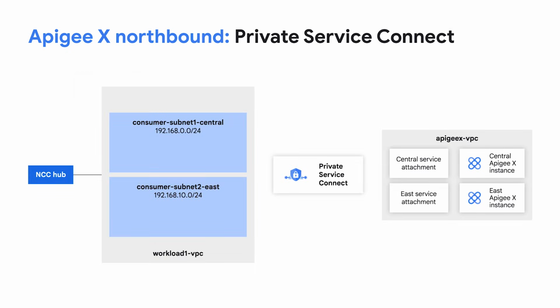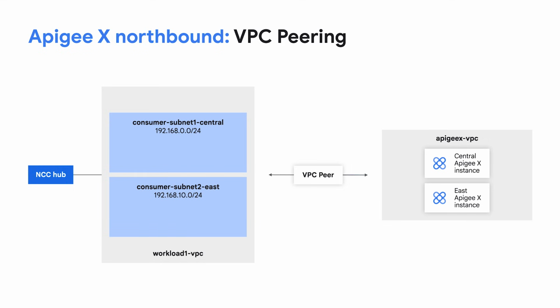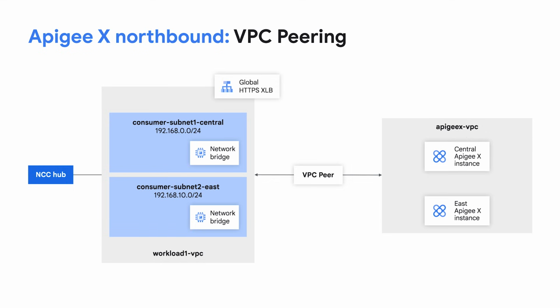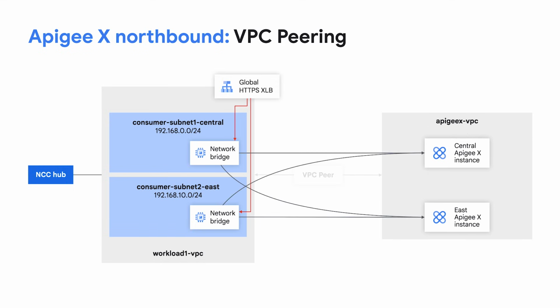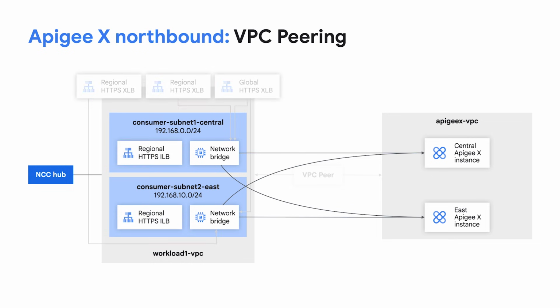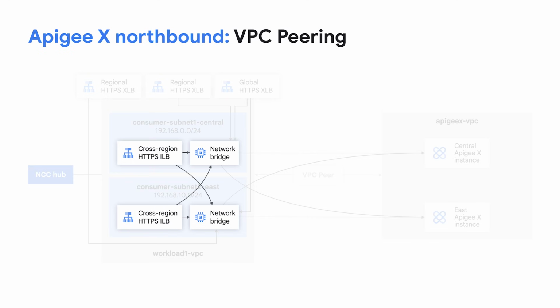You could also connect via a PSC endpoint directly. However, this is only for internal traffic patterns, and you need to use the Apigee-provided self-signed certificate. If using VPC peering, a similar pattern exists using a load balancer with a network bridge running a proxy. The load balancer could again be external or internal, and global, regional, or cross-regional.